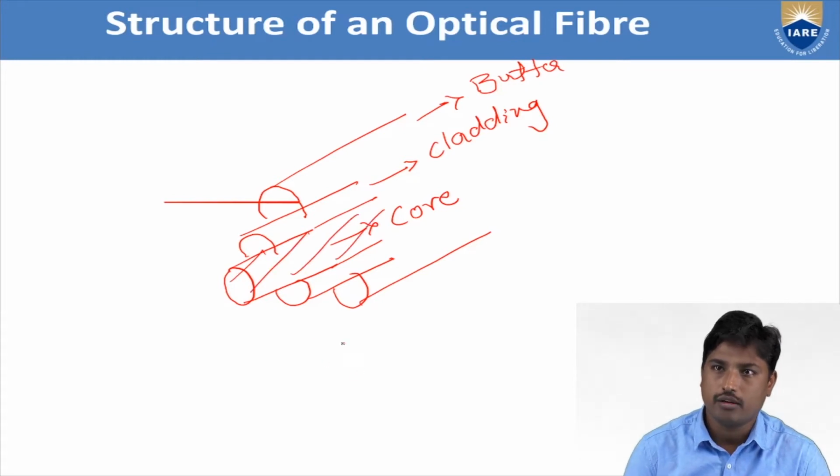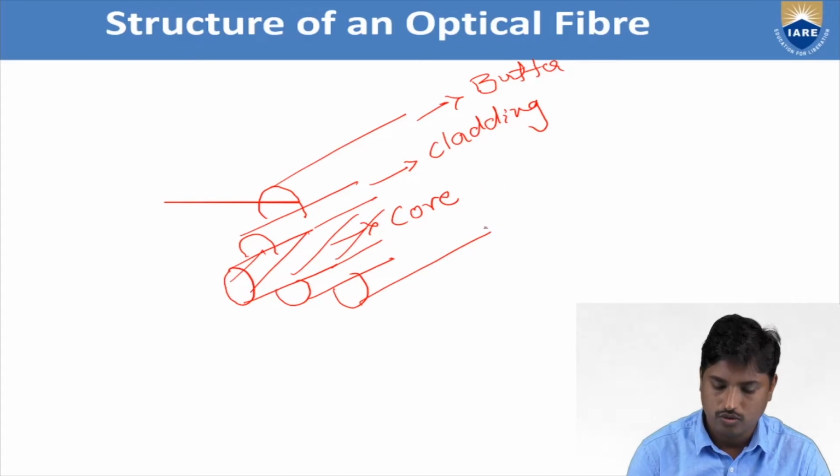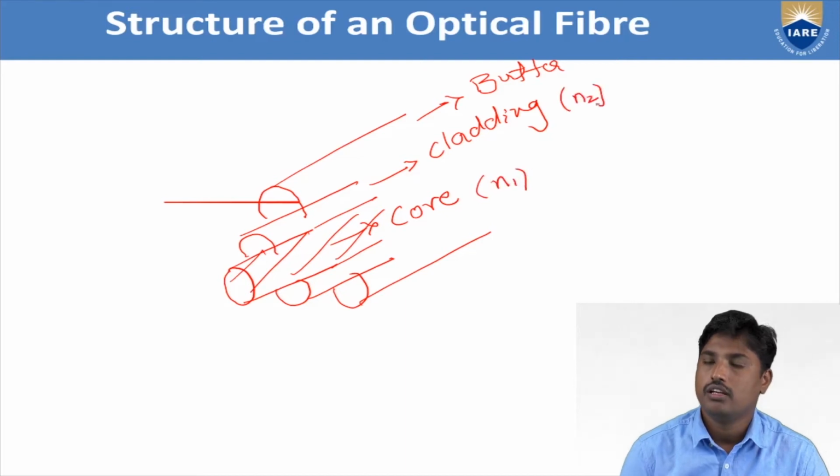Here the core and cladding are both made of glass or plastic material. The core refractive index is taken as n1, and the cladding refractive index is n2. The refractive index of the core is slightly greater than the refractive index of the cladding.